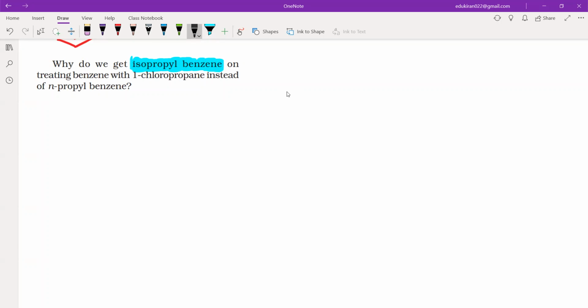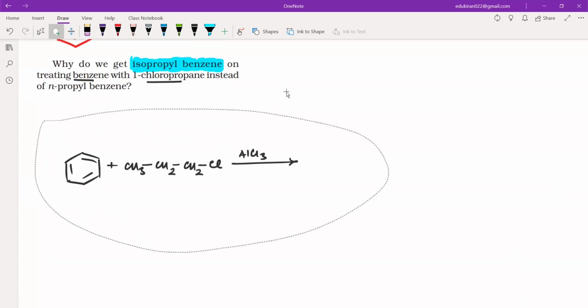On treating benzene with 1-chloropropane instead of N-propyl benzene. So what they are saying is that I am treating benzene with 1-chloropropane, this is 1-chloropropane, in the presence of anhydrous AlCl3. ठीक है ना?